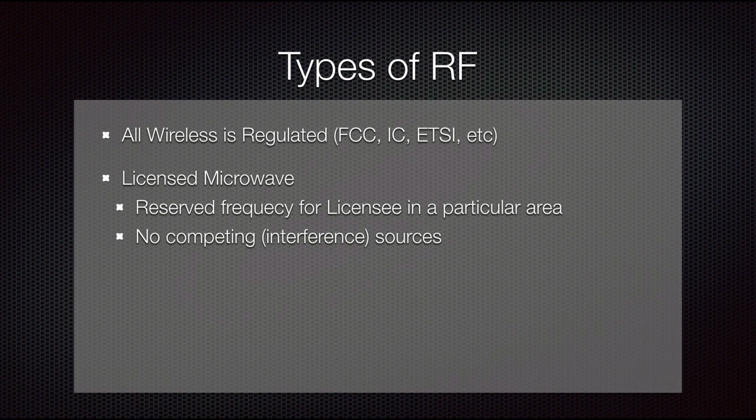A company has gone to one of these regulatory bodies, FCC or Industry Canada or ETSI, and has applied for a license, and they've been granted a particular set of frequencies in that particular area that only they can use. So there's no competing, there's no interference sources, or there isn't supposed to be anyway, and it makes it very clean for them to use.